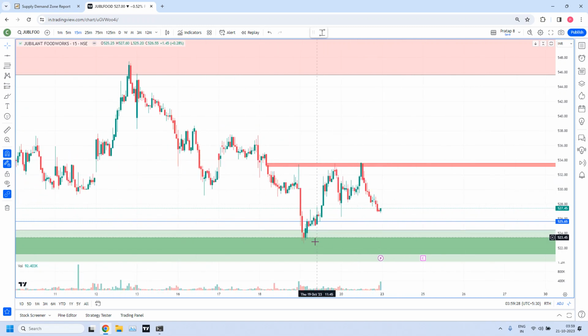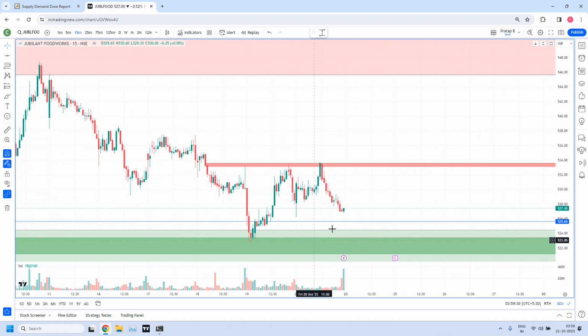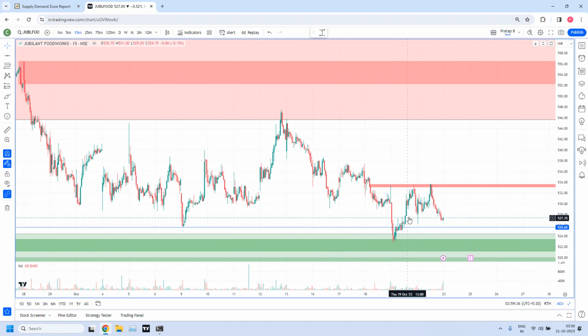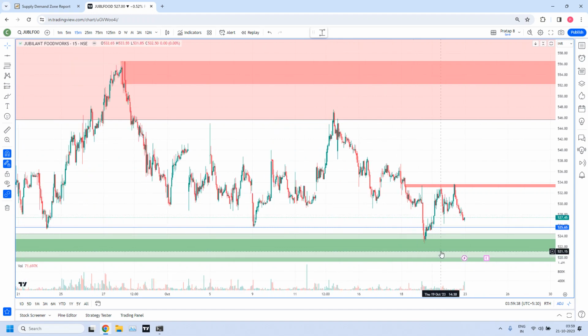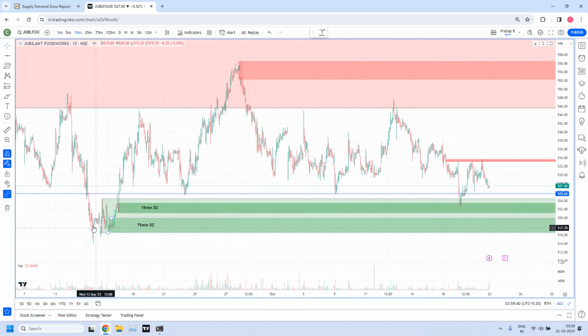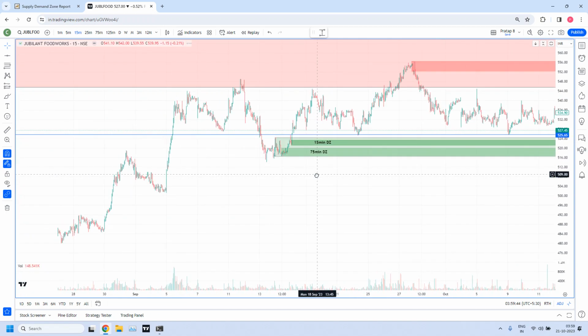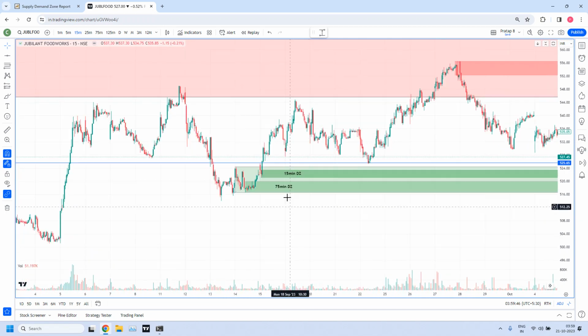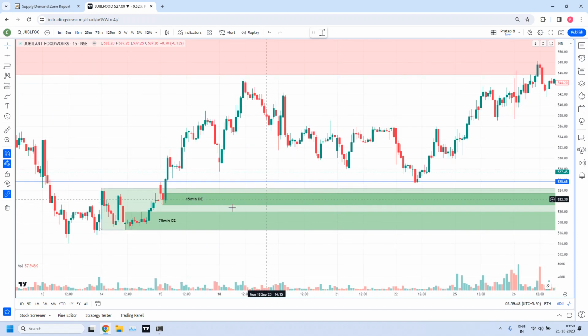So that is the reason why I do not have any problem in taking an order. I am 100% confident that it won't be stopped out. And the second thing, I have already fine-tuned the risk to the minimal level.